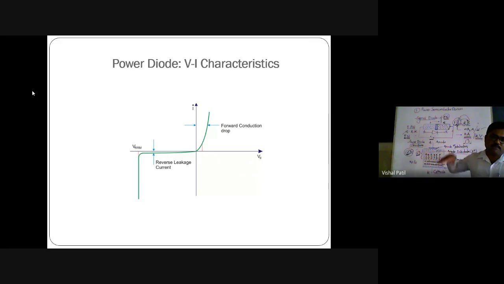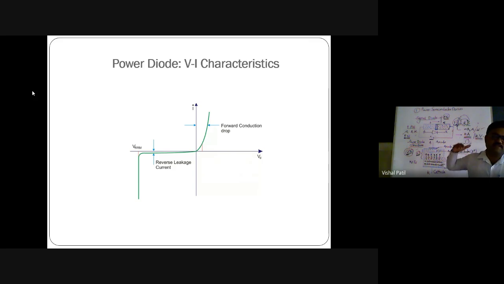But if we still go on increasing the reverse voltage across the power diode in reverse bias condition, a moment will be reached where the current will become very high. The current will abruptly increase.